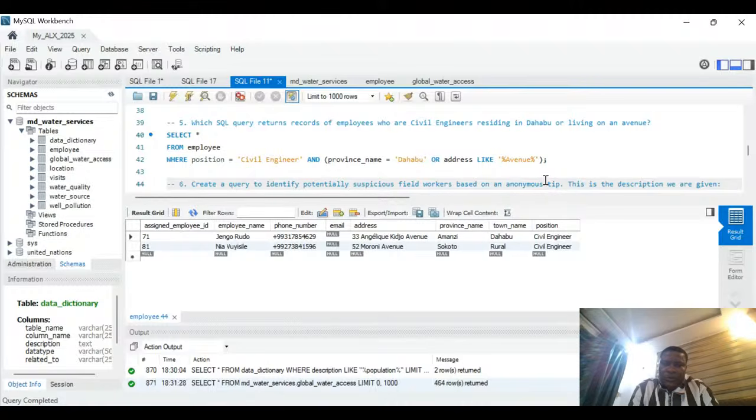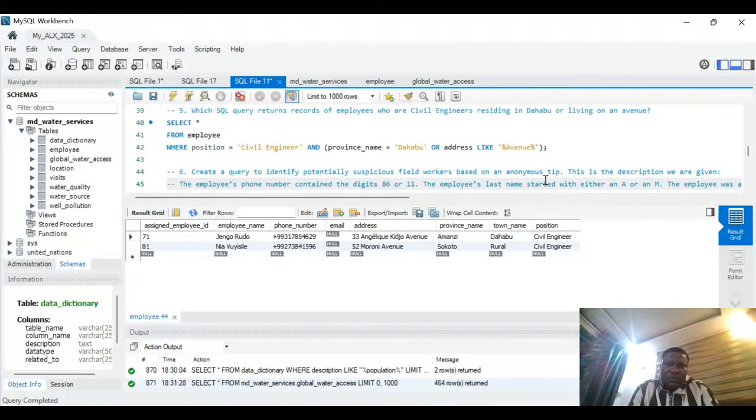Let's proceed. Question number 6 says, create a query to identify potentially suspicious field workers based on an anonymous tip. This is the description we are given. The employee's phone number contains the digits 86 or 11.